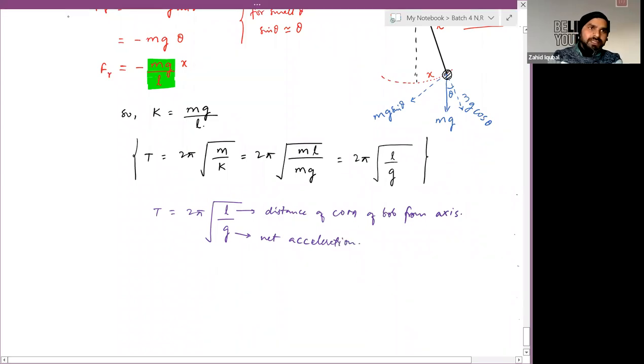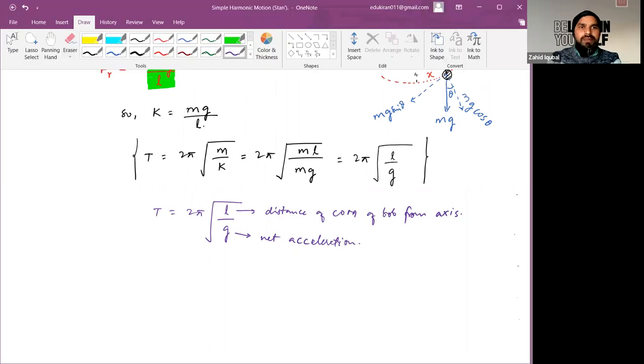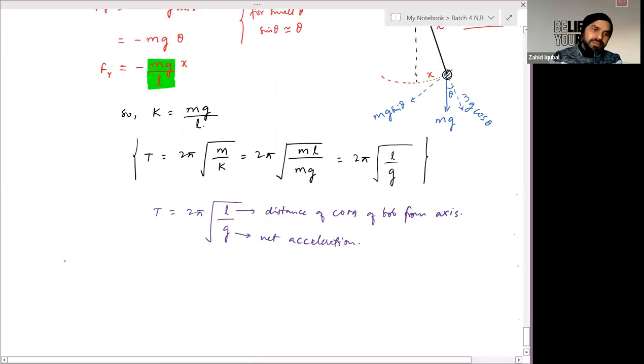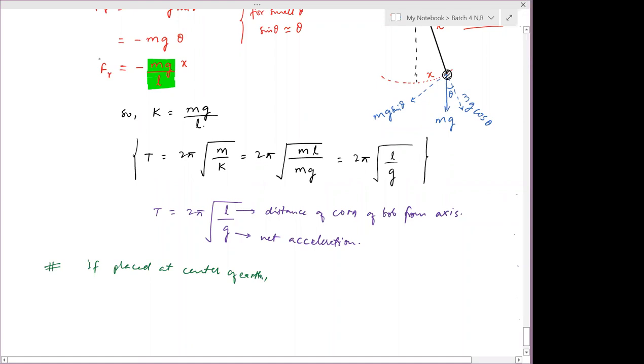Related to this part, you will be asked first, what will happen to the time period of a simple pendulum if it is placed at the center of Earth? First tell me what will be the value of gravity or acceleration at the center of Earth? 0. Good.